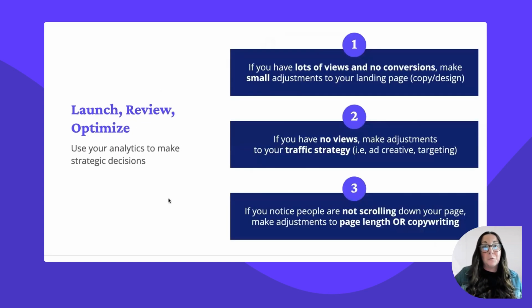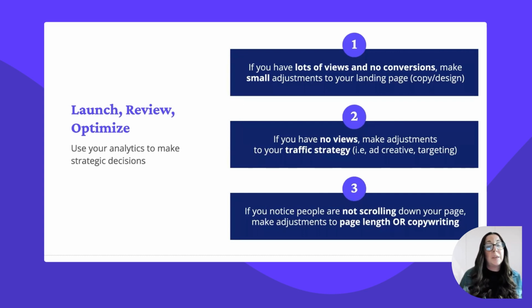Now, again, we're utilizing these tools to get to more conclusions. So we're launching, we're reviewing these different data points, and we're optimizing our campaigns from there. So just to repeat a couple, because they're super important to remember, if you have lots of views and no conversions, we're making small adjustments to the landing page. If you have no views, make adjustments to your traffic strategy.